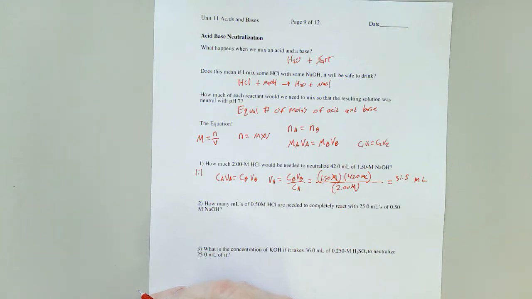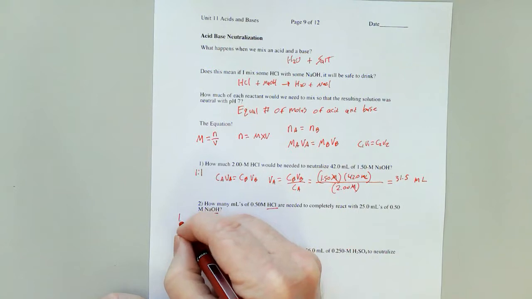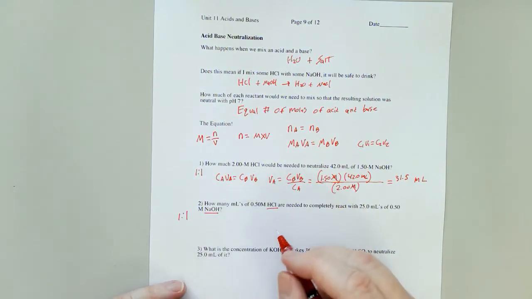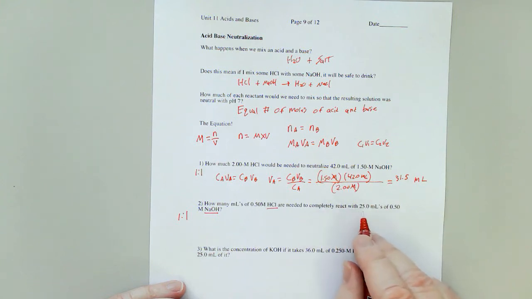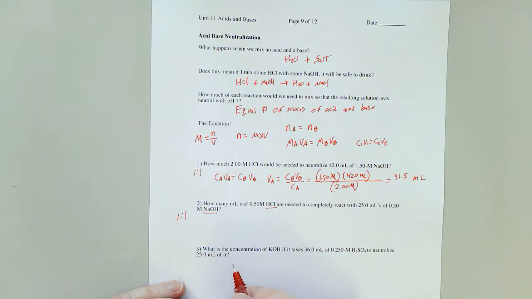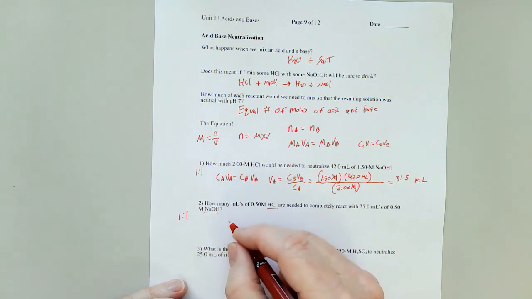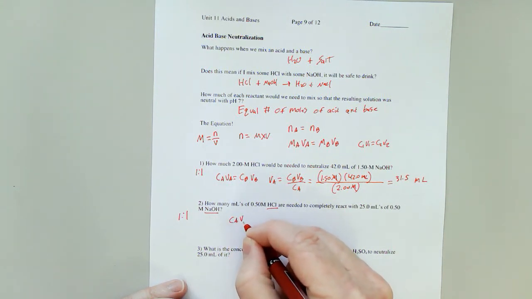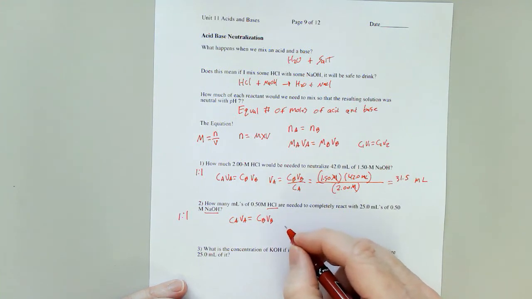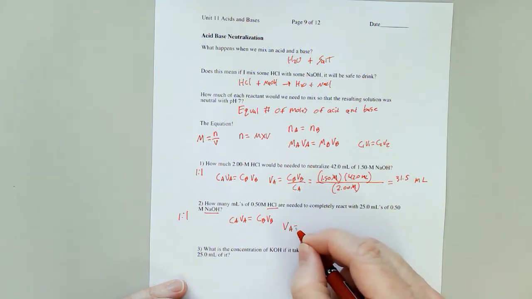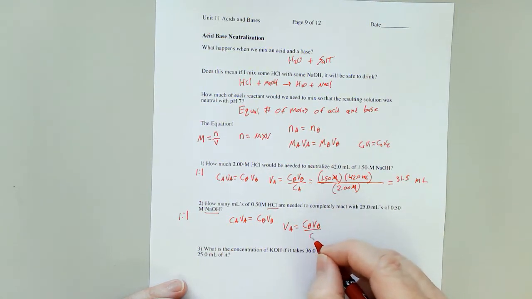Now in this next question, we're still reacting HCl with NaOH, so again, it's a 1-to-1 ratio, which is good. How many milliliters of HCl are needed to completely react with 25 milliliters of 0.5 molar NaOH? Okay, so again, concentration acid times volume acid is equal to concentration base times volume of base, or the volume of the acid is CbVb over Ca.